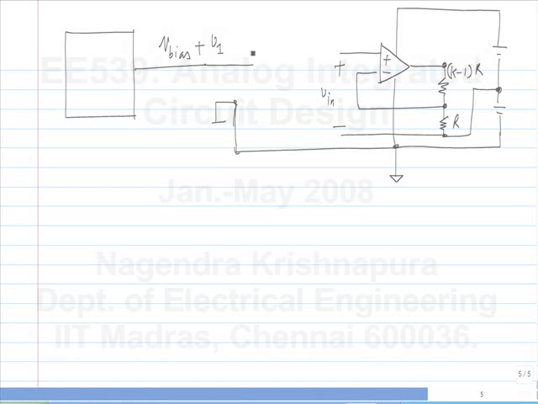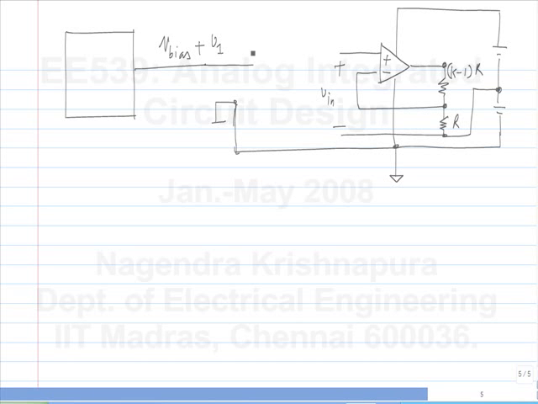We have V bias plus V1. And V1 should appear as the input to this amplifier. Which is V bias?